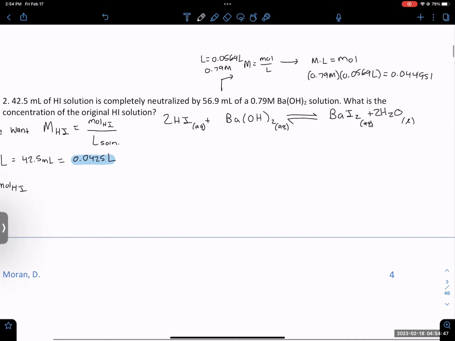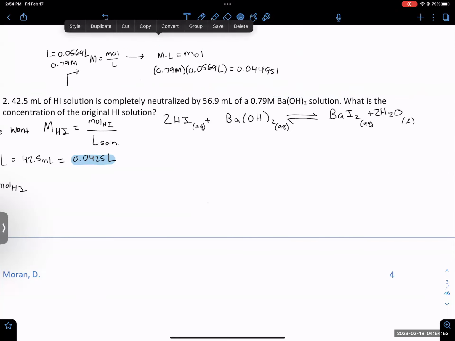This is in units of moles of barium hydroxide, so moles of Ba(OH)2.